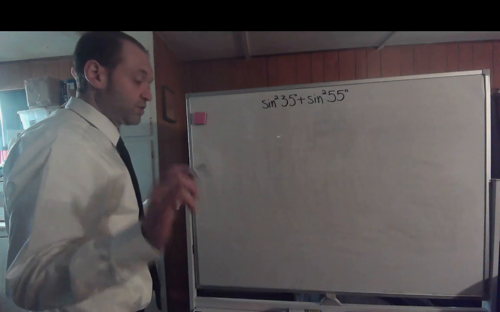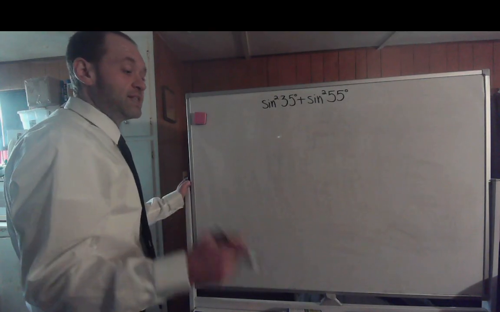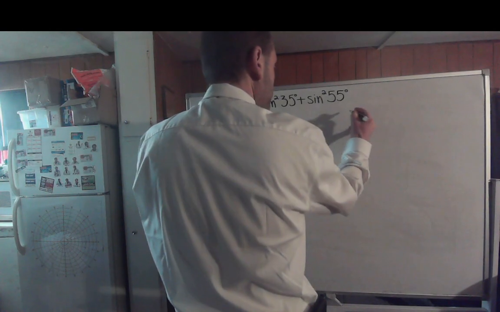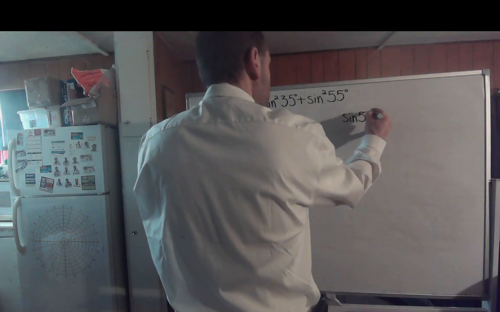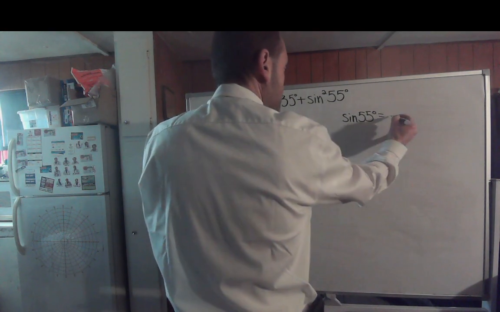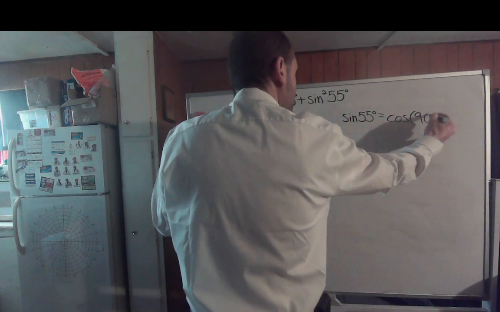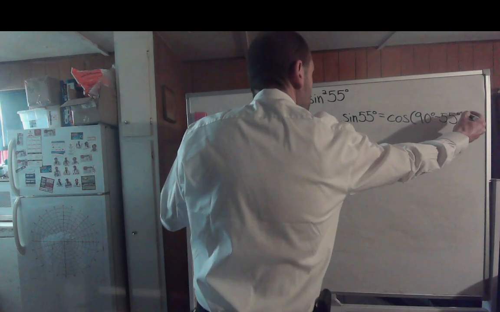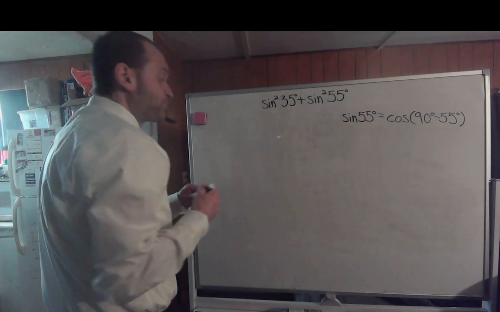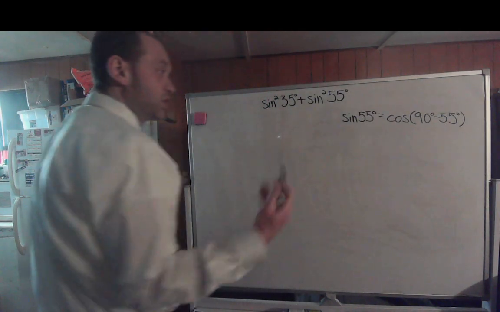They certainly do. If we remember the periodic identities of cofunctions, that sine of 55 degrees, isn't that going to be the same as the cosine of 90 degrees minus 55 degrees? Because a function has a period of 90 and it makes it the cofunction.